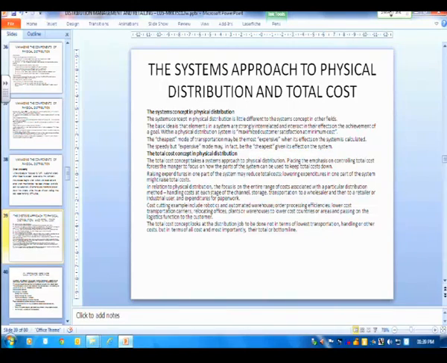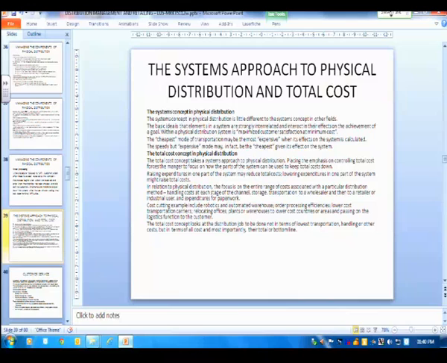The systems approach to physical distribution and total cost. The systems concept in physical distribution is little different to the systems concept in other fields. The basic idea is that elements in a system are strongly interrelated and interact in their effects on the achievement of a goal.